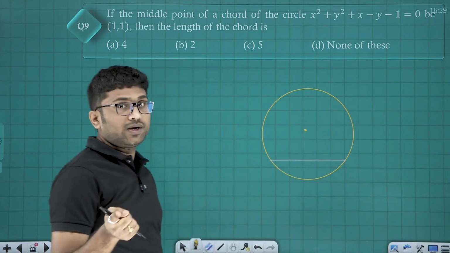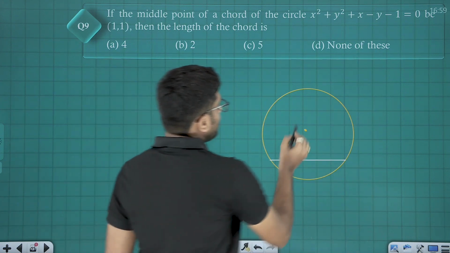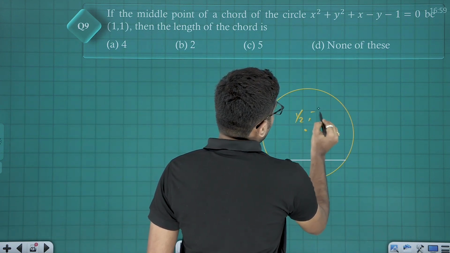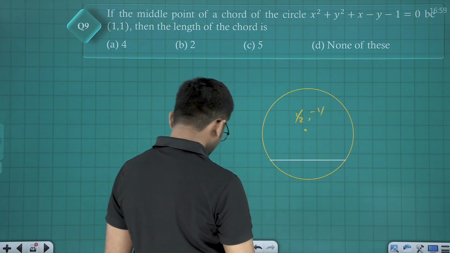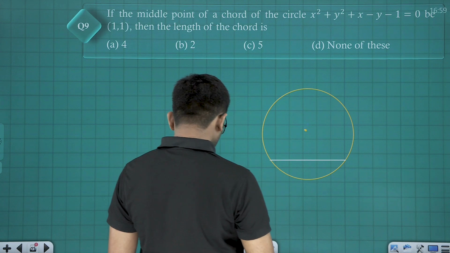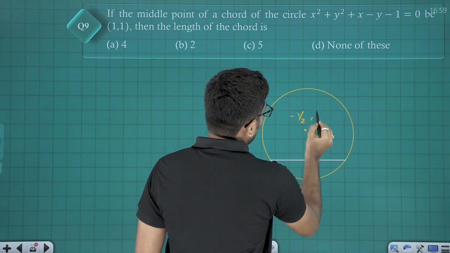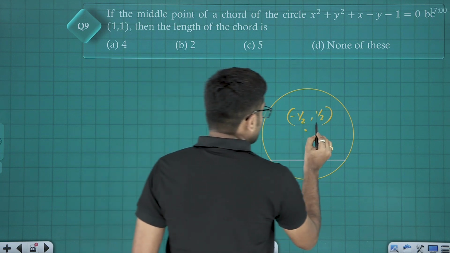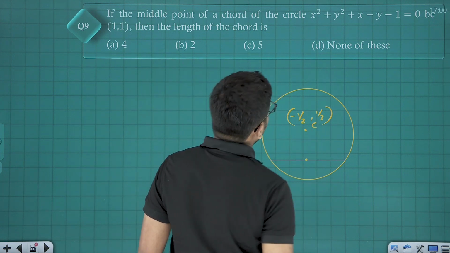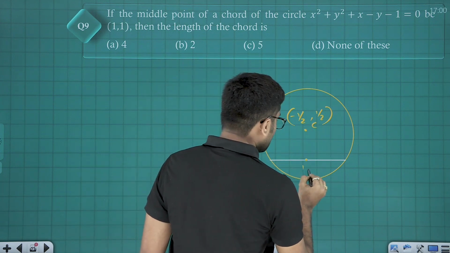So g is 1 by 2, and minus g comma minus f will be the center, no? So the center will be (minus 1 by 2, 1 by 2) because the center is (minus g, minus f). This is the center. They have given the middle point of the chord as (1, 1).